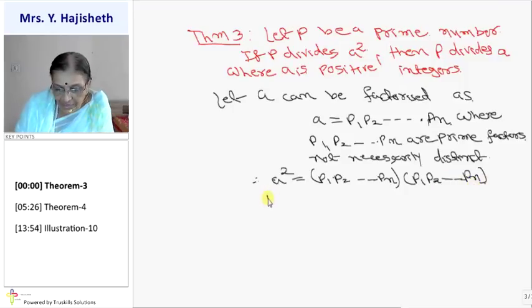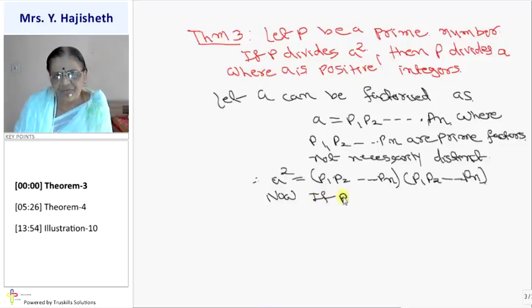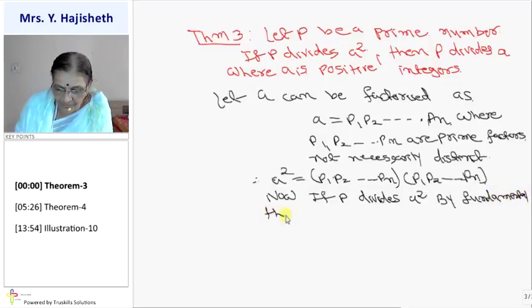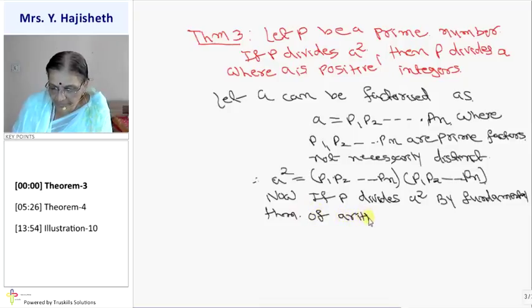So now, if P is any prime factor and P divides A square, then by the fundamental theorem of arithmetic, what can you say?